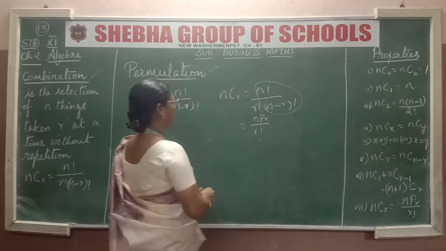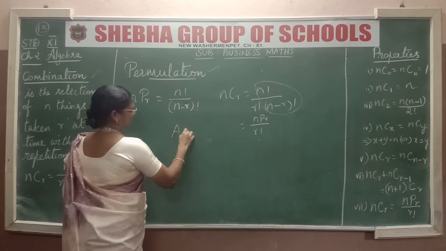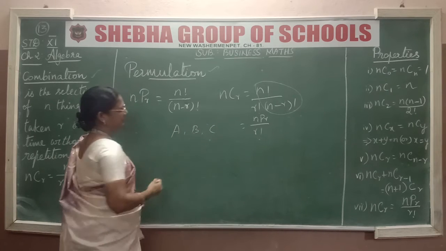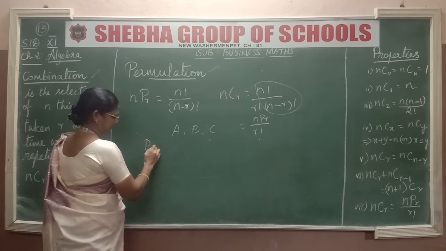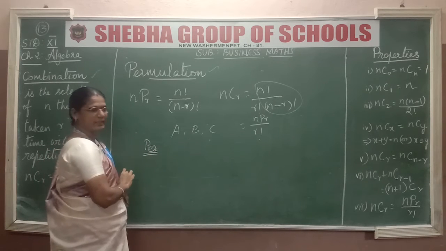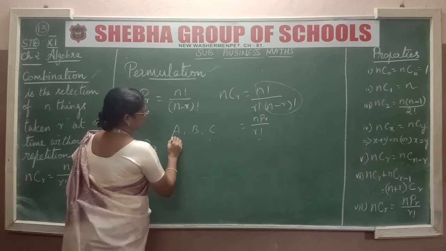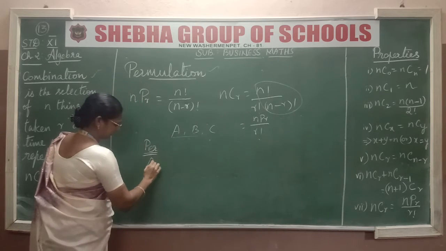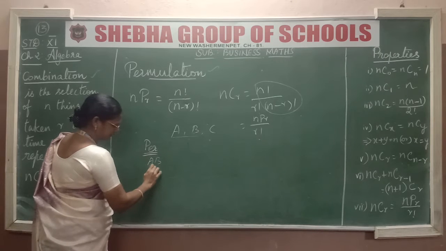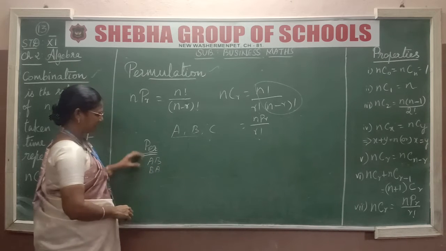For example, if we take 3 letters, among these 3 you can select 2 letters. In the permutation, taken 2 at a time among these 3 letters, that is AB. If you write AB, then BA is also an element in the permutation.